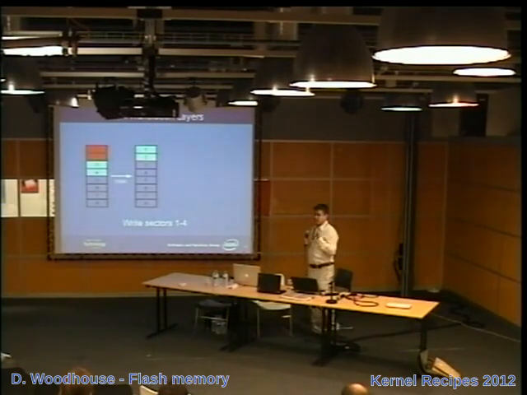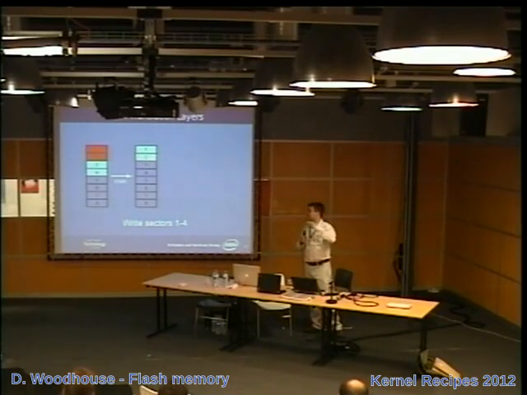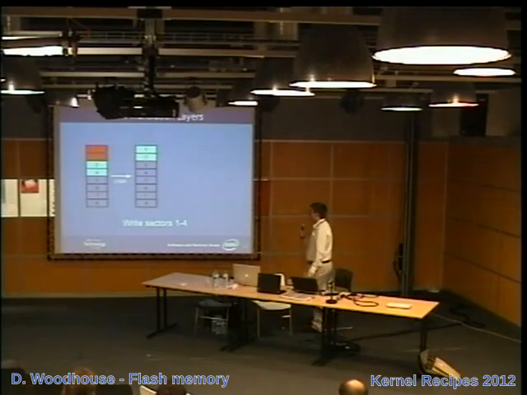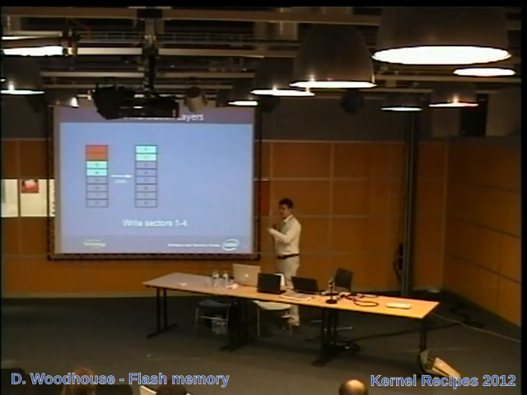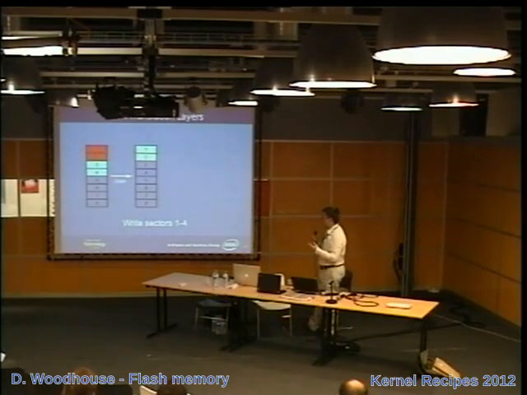Then the operating system comes along and says, right, I want to overwrite the first four sectors. Well, overwrite the first two and write new data for sectors 3 and 4. So what happens is we made a chain of physical erase blocks which all represented that same virtual range of disk. And so we just had sufficient metadata.